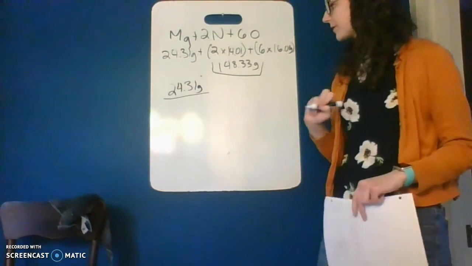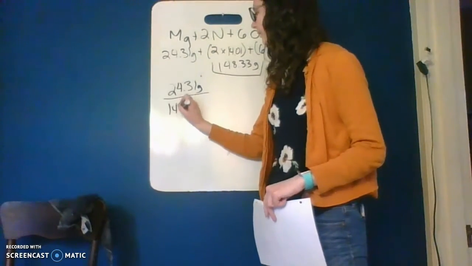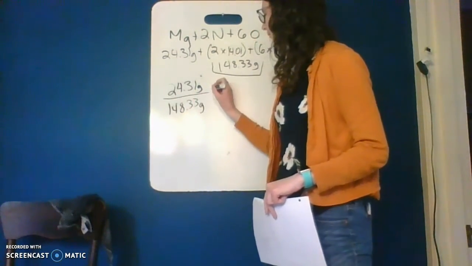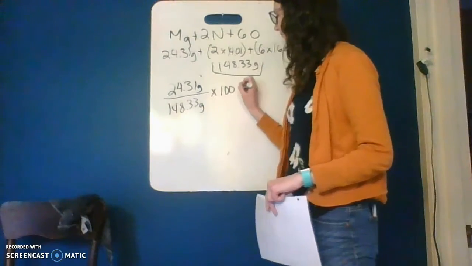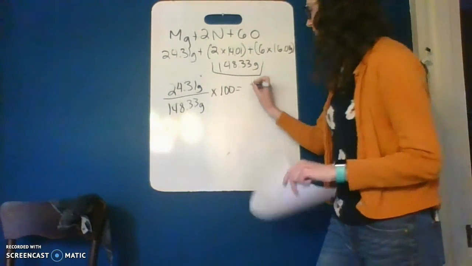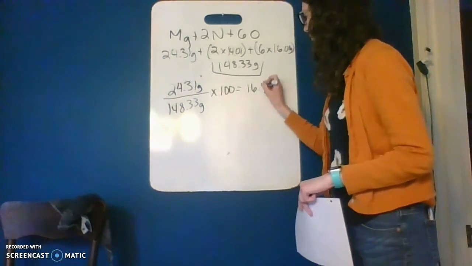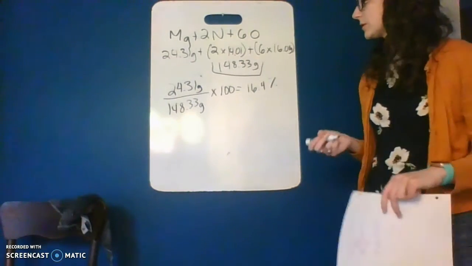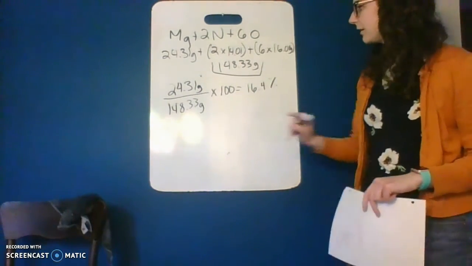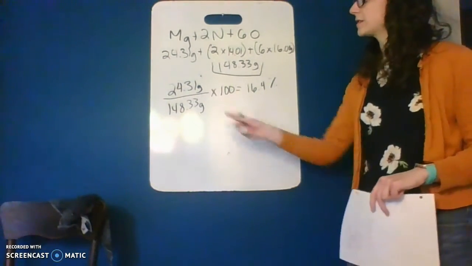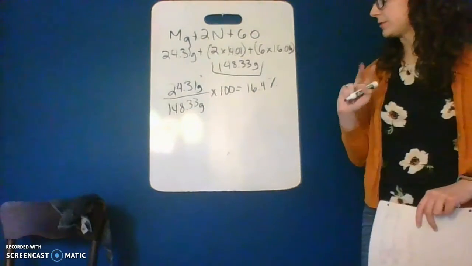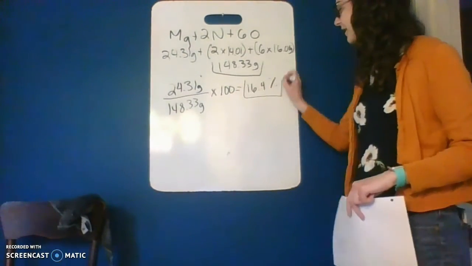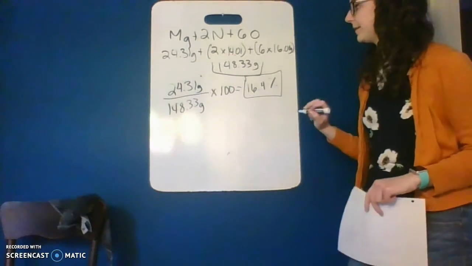I'm going to divide it by the total molar mass, 148.33 grams, multiply by 100, and that is equal to 16.4%. Usually I like to carry 1 or 2 decimals. Technically, for this problem, using sig figs, you could report up to 4 sig figs, so I could use 2 decimals here. So that is the percent of magnesium.